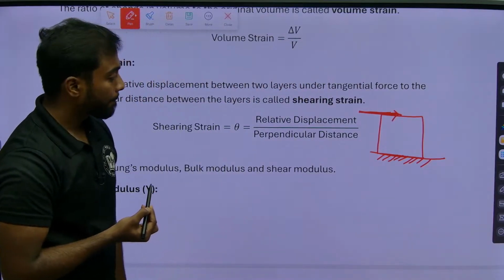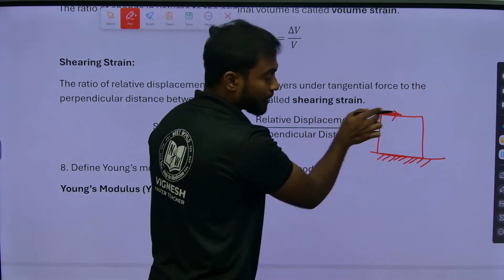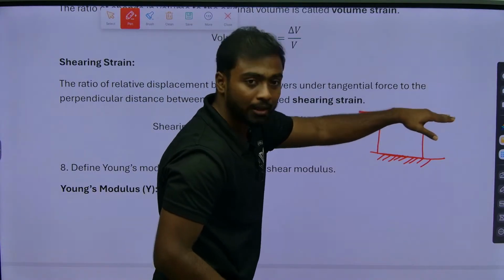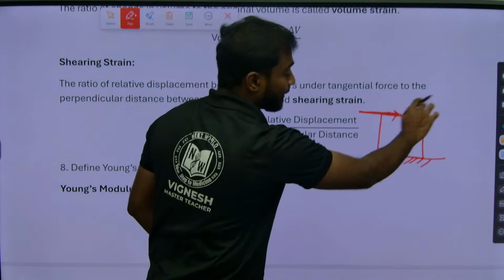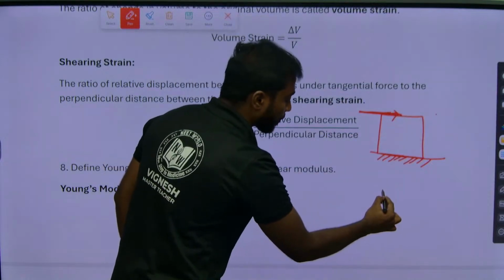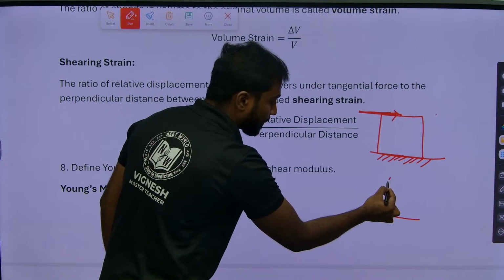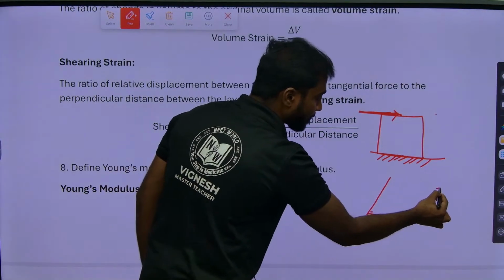Now I have applied the force. What happens is the upper part of the body will move in the right direction. The lower part will stay as it is, and the upper part will shift like this.